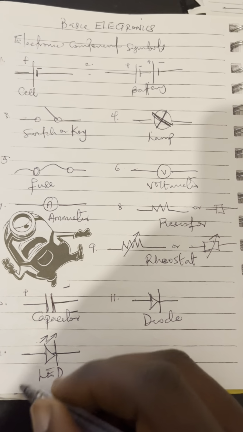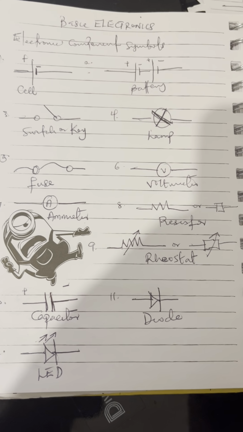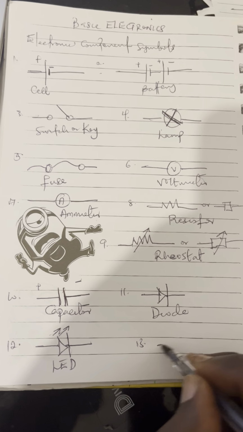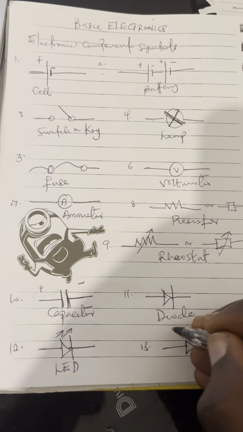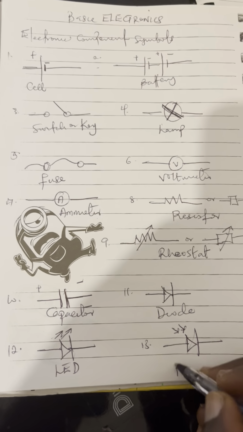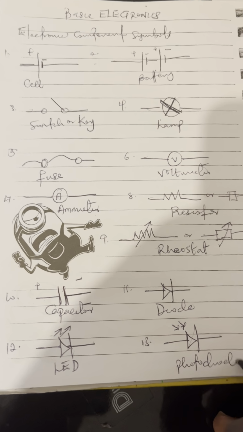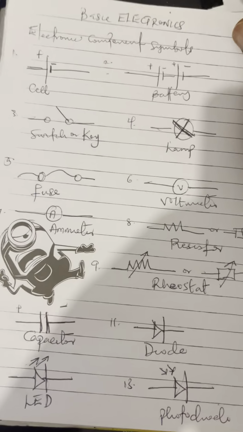LED means light emitting diode. Then this one, the arrow is pointing inside. This is called a photodiode.